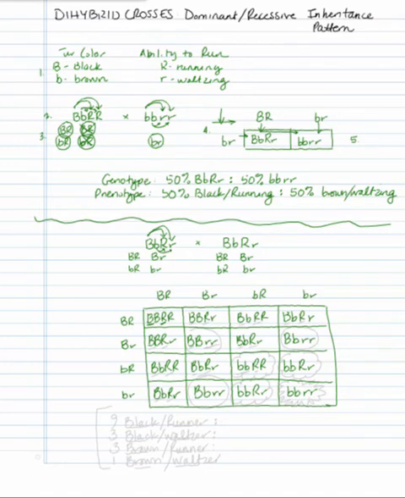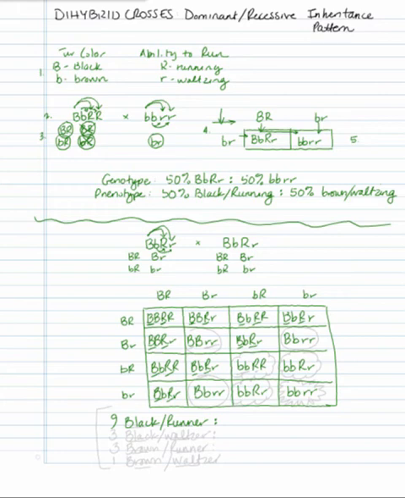So we have a black runner. Well, let's find out how many black runners we have. So we've got 1 there, 2, 3, 4, 5, 6, 7, 8, 9. So you end up with a grand total of 9 black runners out of the 16.